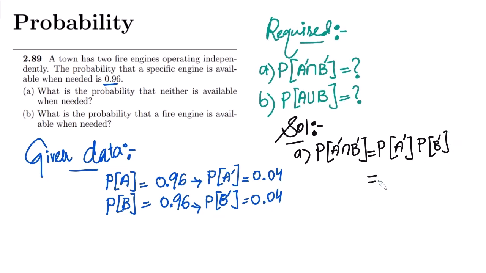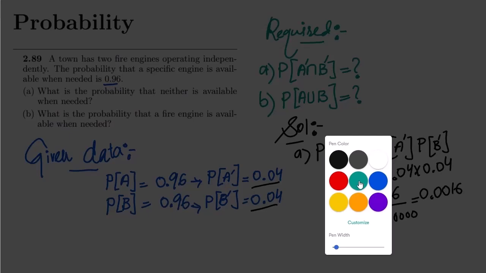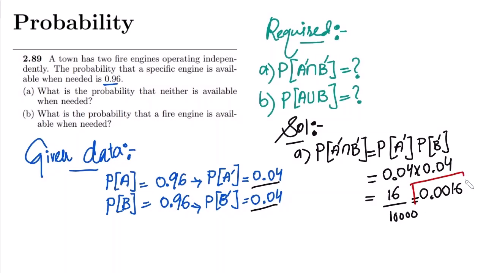So now let me multiply them because these probabilities are already found out here. So it would be 0.04 multiplied by 0.04. Okay, so it would be 16 divided by 1 2 3 4, or it would be 0.0016. Okay, so this is the probability that neither is available when needed. So this is basically the solution of part A.